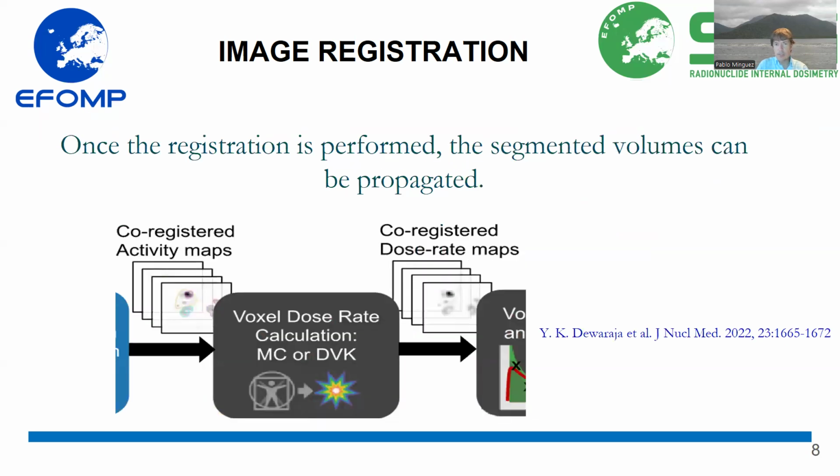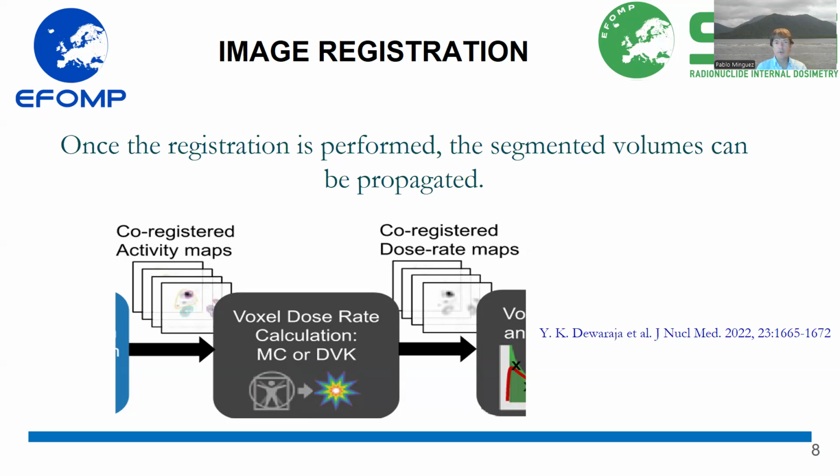Once the registration is performed, we can propagate the segmented volumes. We could also segment the volumes in the different images, but we can save time if we just propagate them, and we can also modify them in the different images.